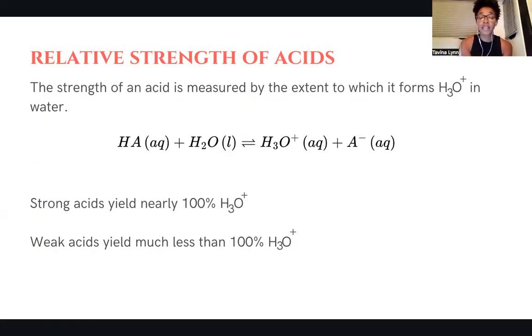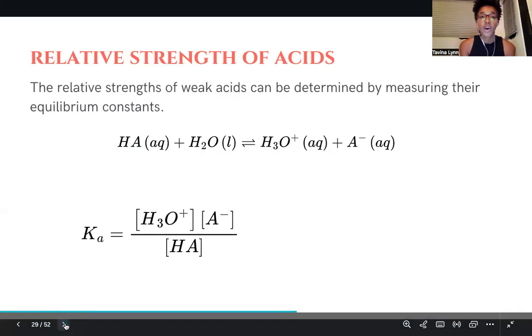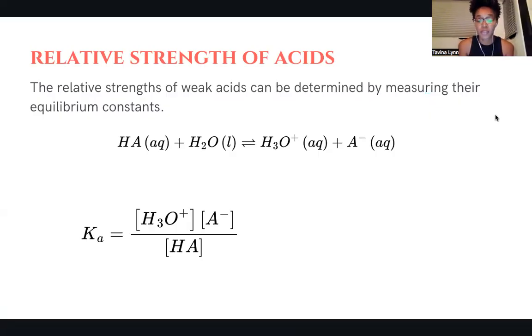Whereas weak acids yield much less than 100%. So we actually have more of an equilibrium between undissociated weak acid and weak acid that dissociates into hydronium ions. When we look at the equilibrium constants, we're usually looking at this relative to weak acids, right? Because a strong acid is thought to completely, or 100%, dissociate.